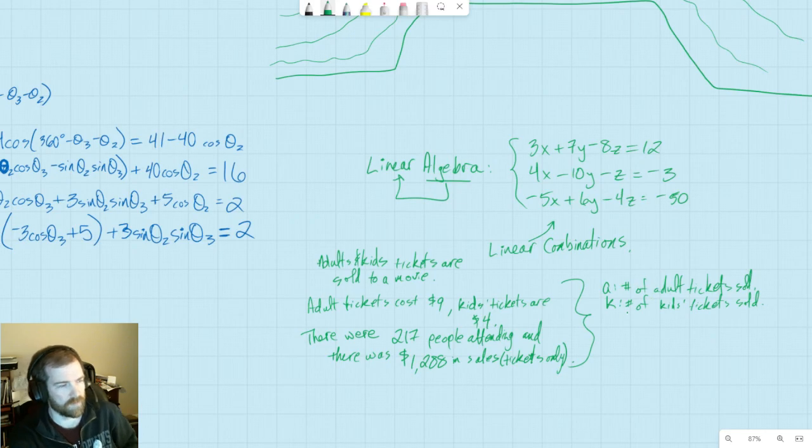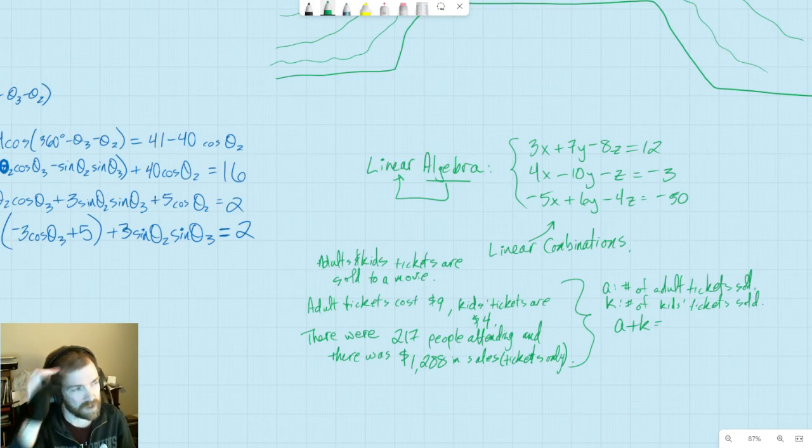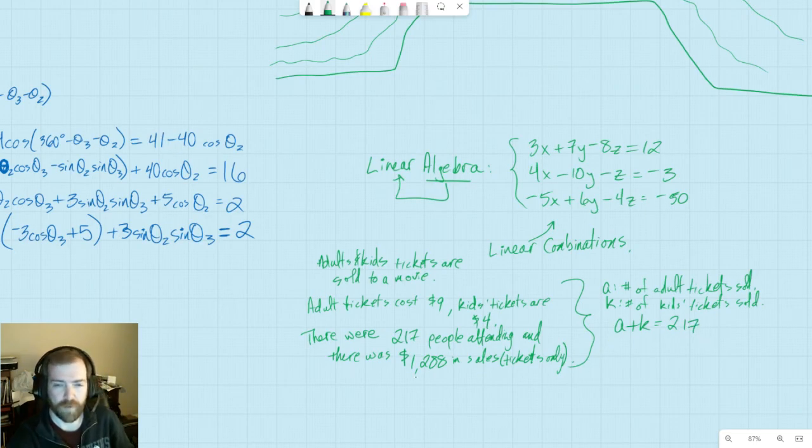So the information that we have is telling us that just A plus K, the sum of the two totals, numbers of tickets that we've sold, is going to be 217. And then the total amount of money that we get is $1,288.